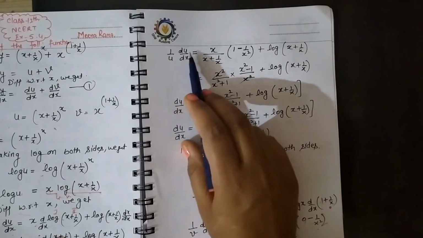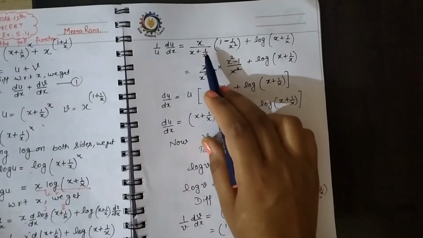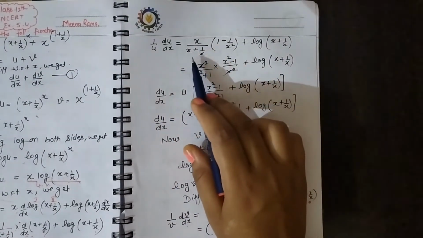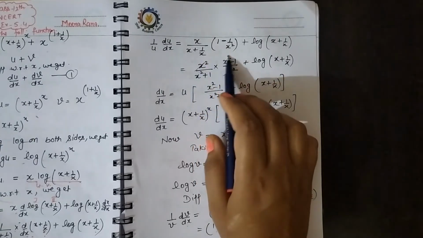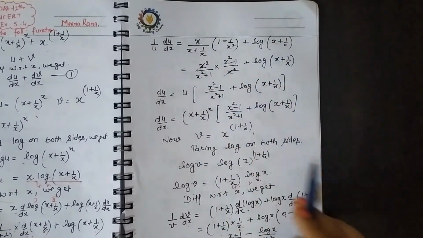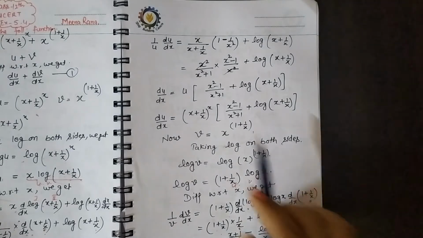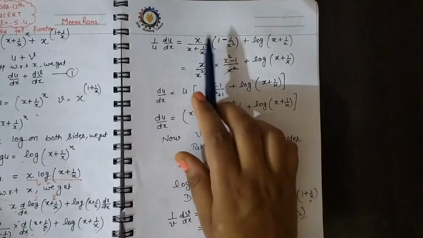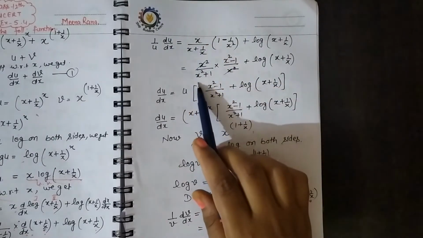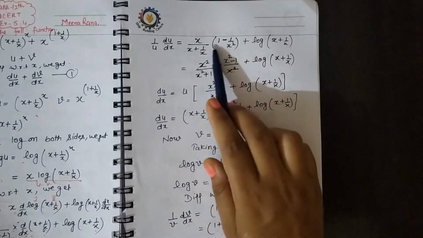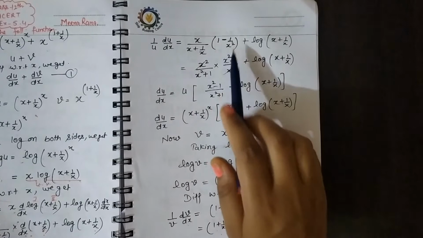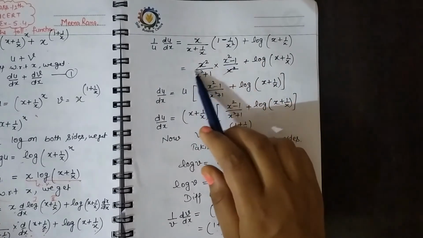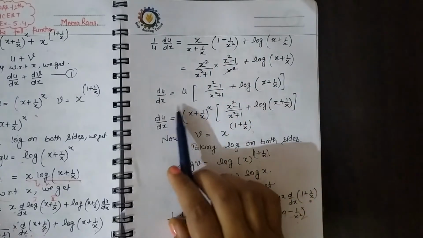Now we get 1 by u du by dx is equal to x upon (x plus 1 by x) into (1 minus 1 by x square) plus log of (x plus 1 by x). Okay, so after solving, taking LCM, x square plus 1, x multiplied by the numerator, it becomes x square upon x square plus 1 into, by taking LCM we get x square minus 1 by x square, cancelled, plus log (x plus 1 by x).